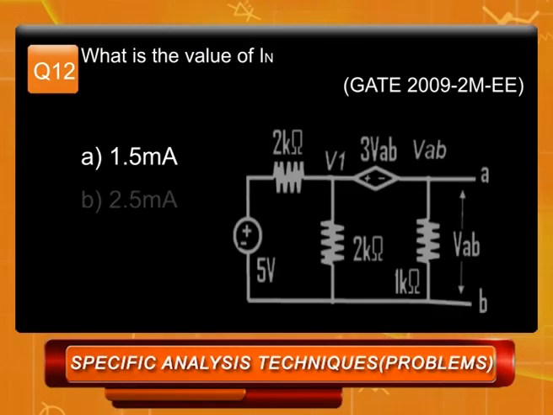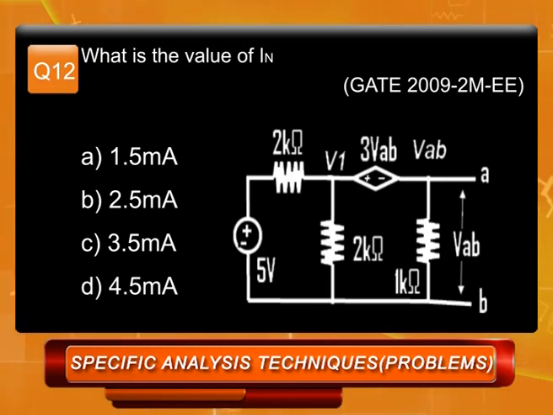What is the value of Norton's current? IN, meaning Norton's current, is asked in GATE 2009, 2 marks. Look at this circuit. In the circuit given, we have options given here. Again I am telling you, the circuit given has this: what is the value of Norton's current?